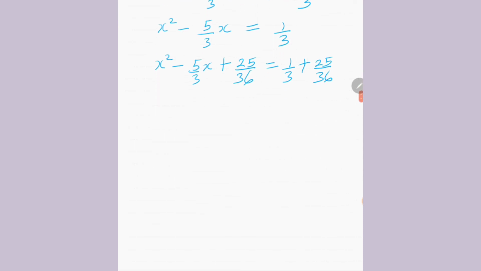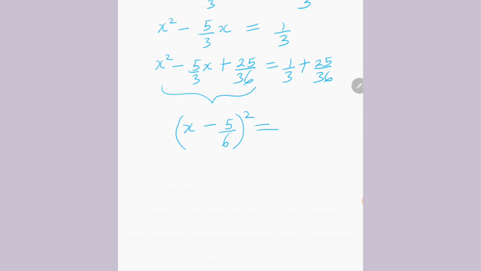Now how did I get 25 over 36? You can check the video before this one, that's the very first video on completing the square, and you will know how. So if I express this in the form of a square, I'm going to have x minus 5 over 6 all squared. How did I get this? Check the first video on completing the square.